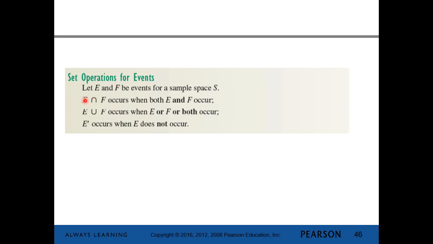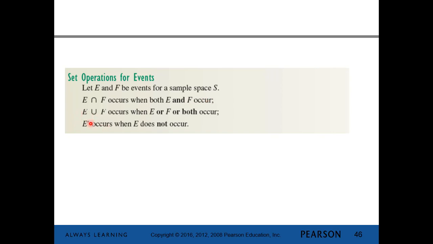E union F means that either E or F or both have occurred. So E union F means either or both. E intersect F is when both E and F occur.